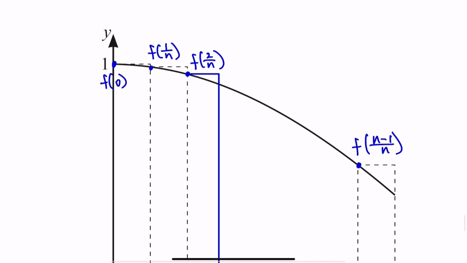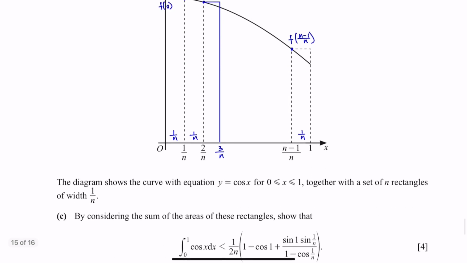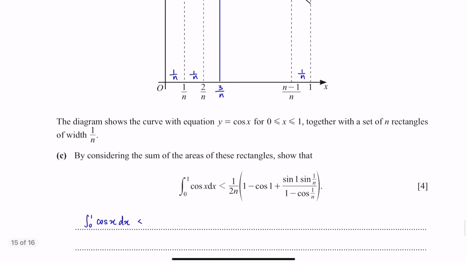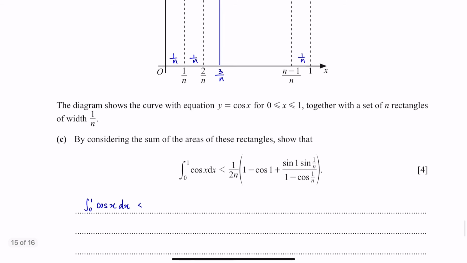And since all the rectangles are a bit out from the curve, the sum of areas of these rectangles would definitely be more than the area under the curve. So we know that the integral is definitely less than the sum of areas of those rectangles. So now we just need to calculate the sum of these areas.